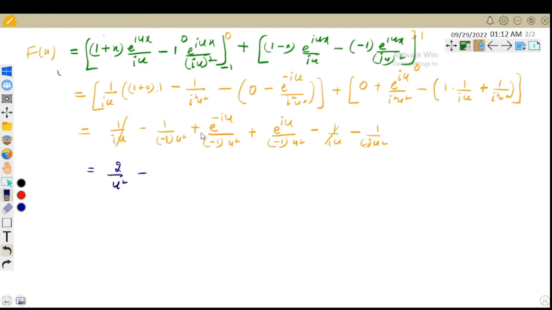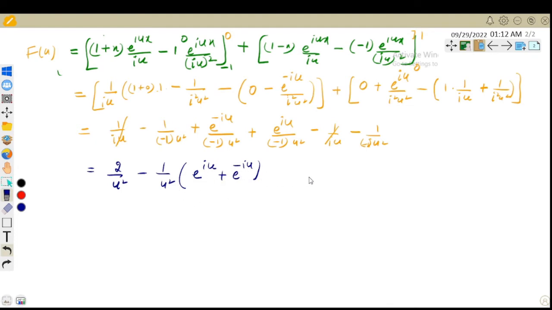Again both are negative here. So it will become, 1 by u square is common, you will get e raised to iu plus e raised to minus iu. Fine.